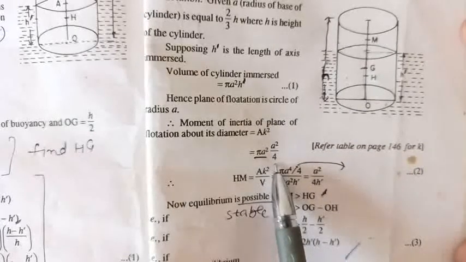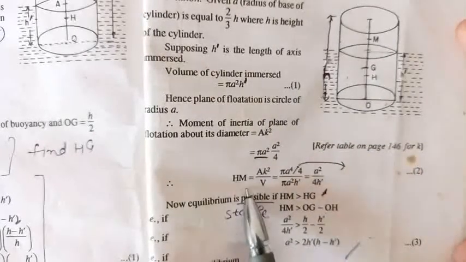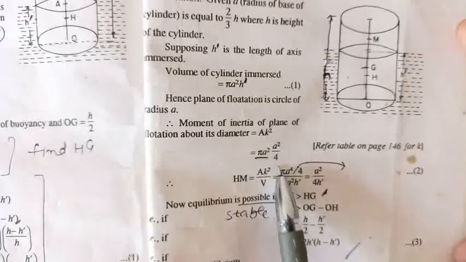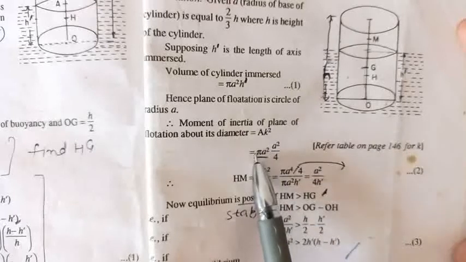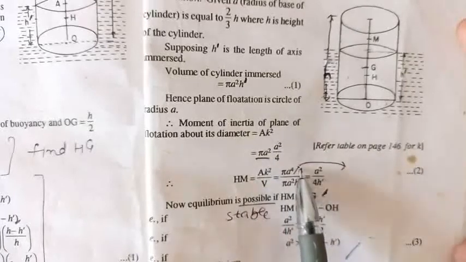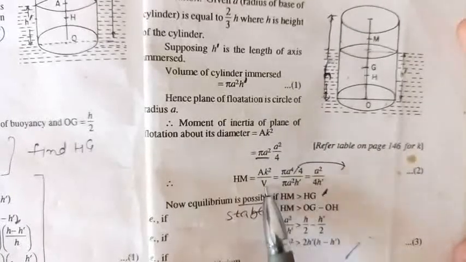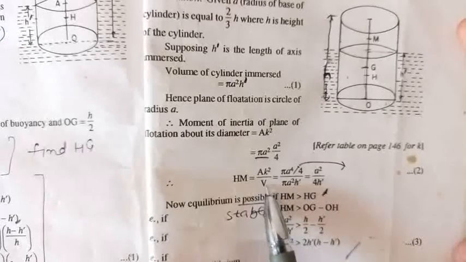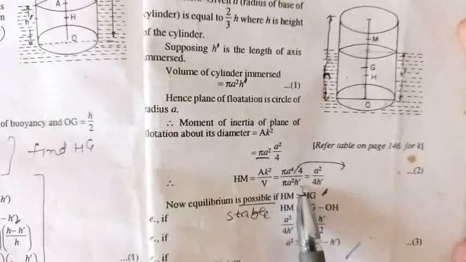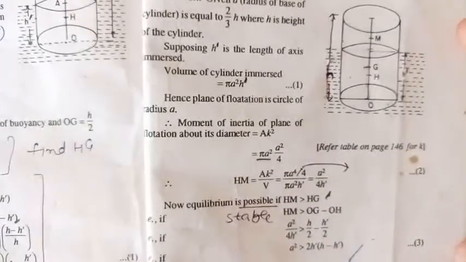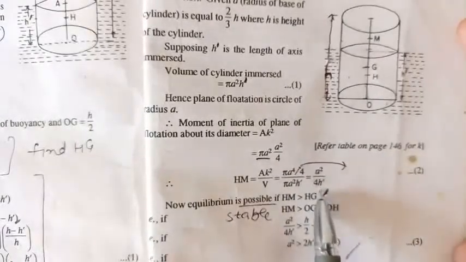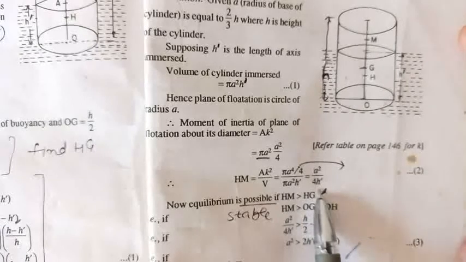Now substituting the values, we get HM equal to A k square upon V. A k square is pi A raised to the power 4 upon 4, and the volume of the immersed part is pi A square h dash. So from here, we get the length HM, which is given by A square upon 4 h dash.